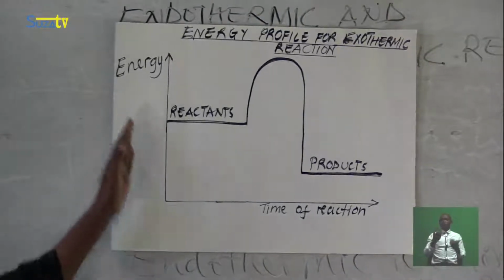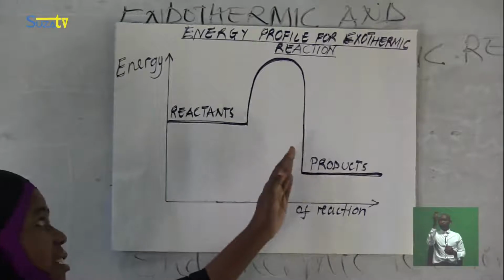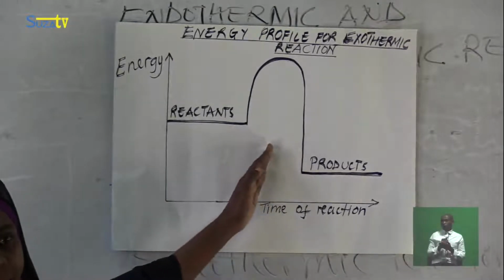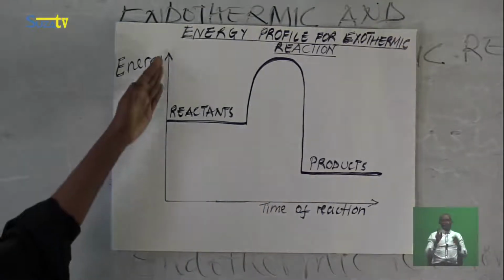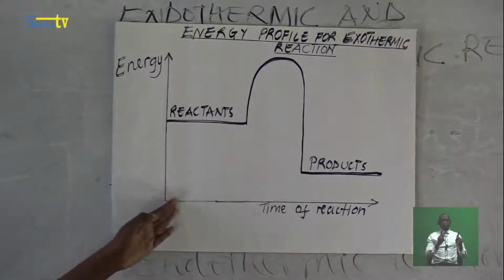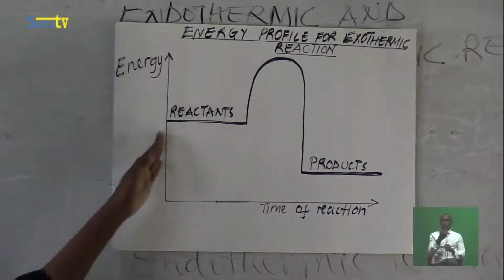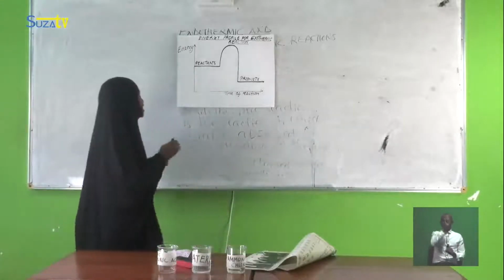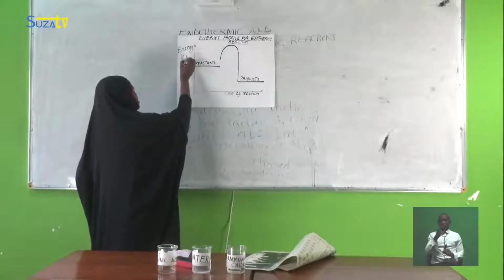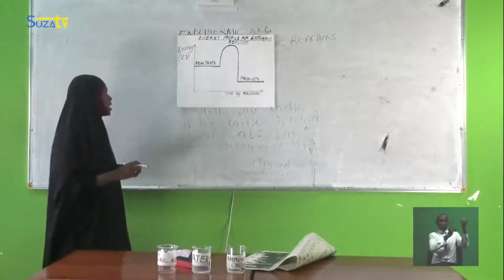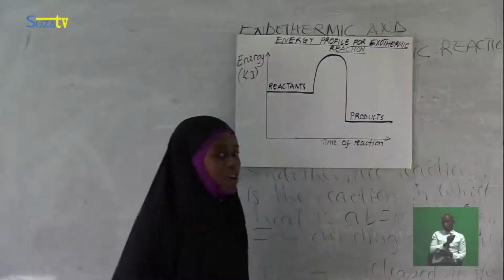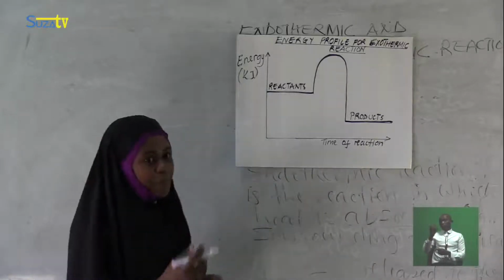Let us see the features of this profile. As usual, we have two axes. We have energy, here in kilojoules, and this side is the time of reaction, or reaction pathway.